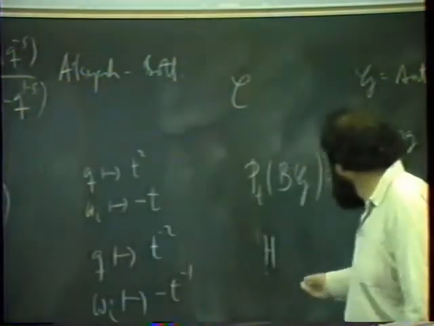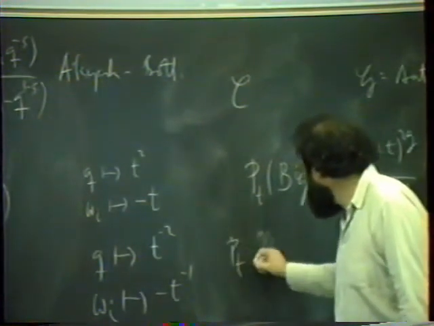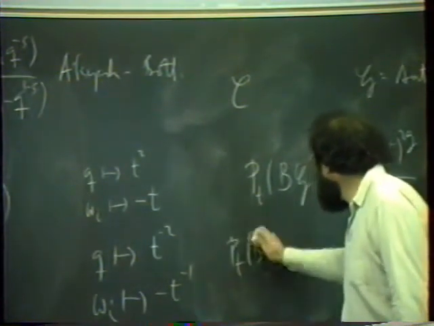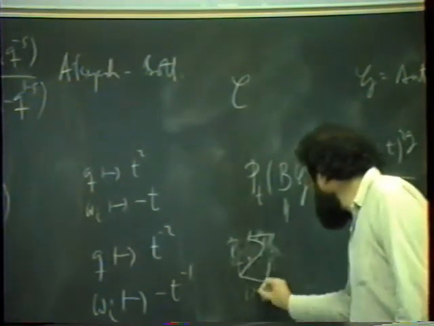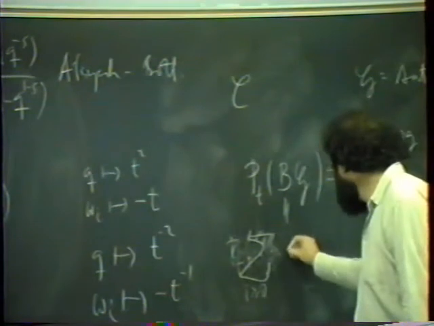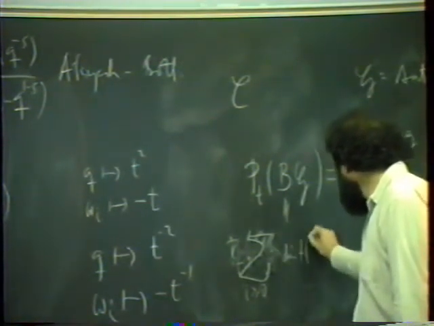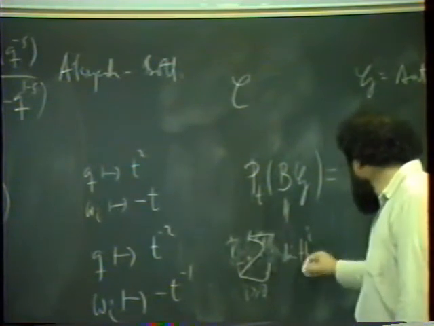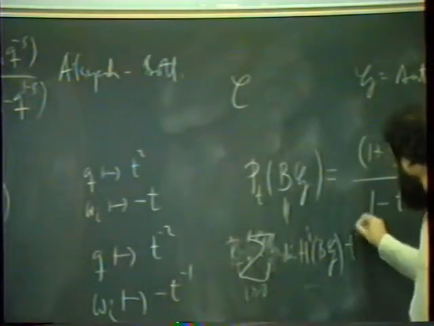What it means is you look at the cohomology. So P_t of BG is the sum over all integers i of the dimension of H^i of BG times t^i.